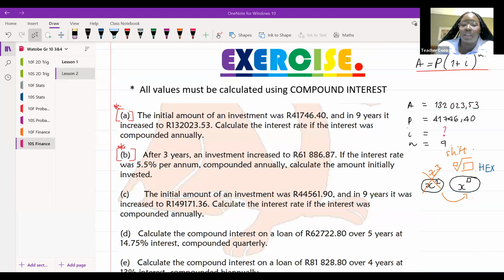We're doing question B. Okay, so B is significantly easier than A was.